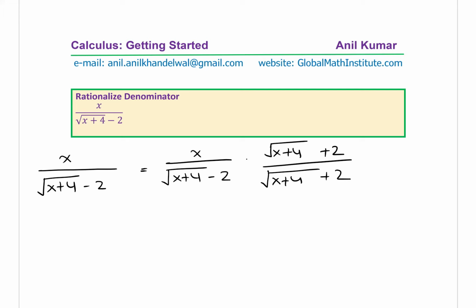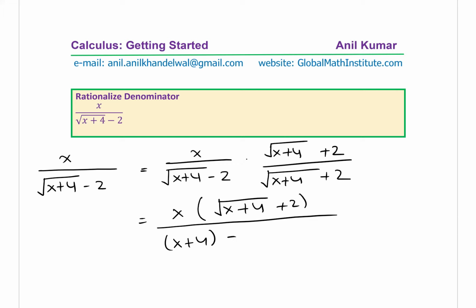Now, the numerator can be written as x times, within brackets, square root of x plus 4 plus 2. And in the denominator, we get difference of squares, which is x plus 4 minus 2 squared, which is 4.